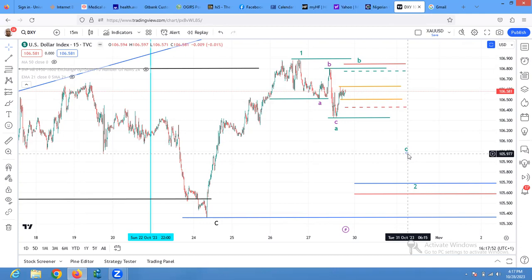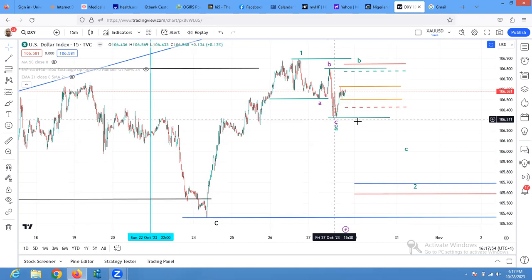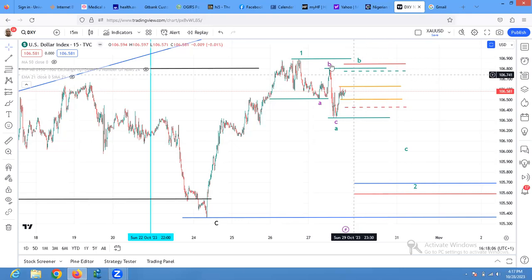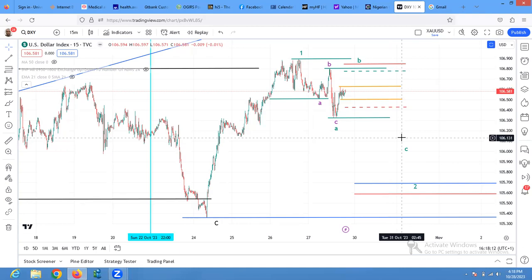And now it's another thing entirely if C is going to be more complex to give us an A, B of a C, and a C of a C. We'll wait to see all of that. But what will be most important is the retracement of this A in the green to B in the green to C in the green, which will tell us where we are going.